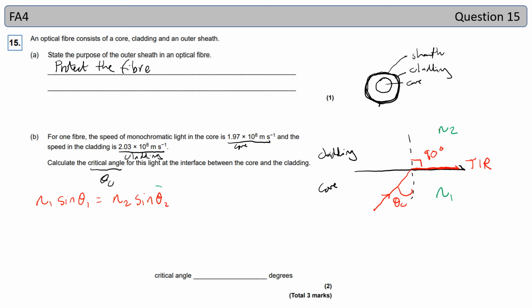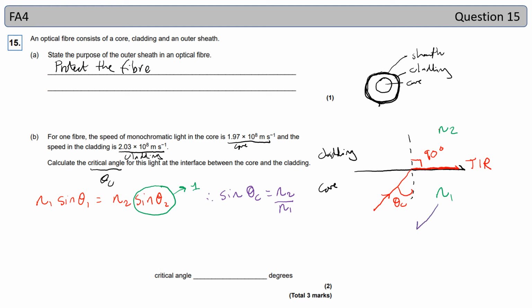Well, sine of theta 2 becomes sine of 90, which just becomes 1. So I can rearrange this to say, okay, therefore, sine of the critical angle is equal to n2 over n1. But that means that I do need to work out the refractive indices of each of these.